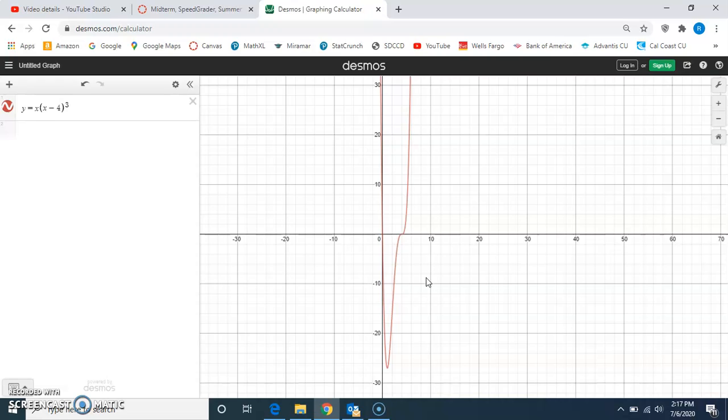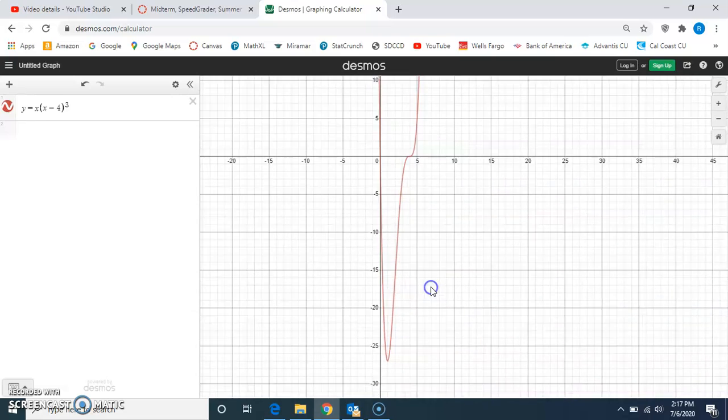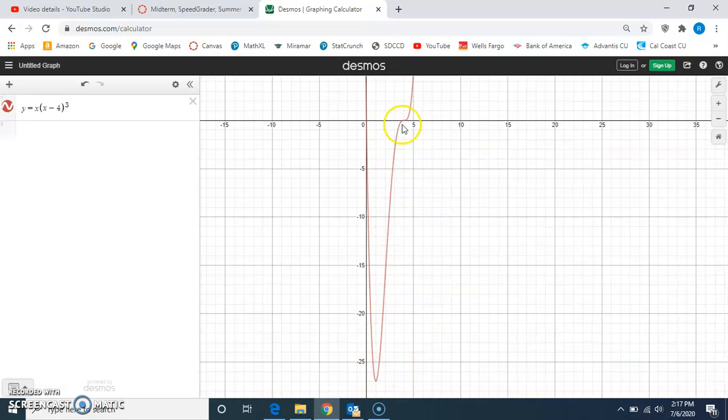So we weren't looking for intervals of increasing and decreasing this time. We were just looking for local maxes and mins. But we can match it up with our chart, right? So it's decreasing from negative infinity to 1 right there. Then it increases from 1 to 4. All right, there's 4.